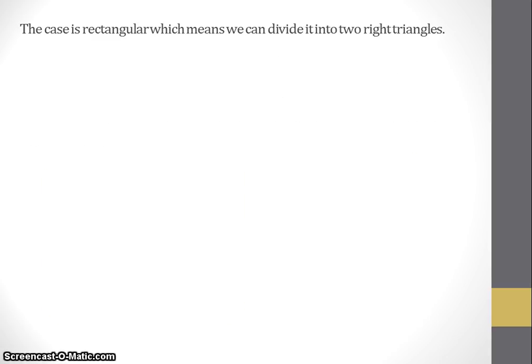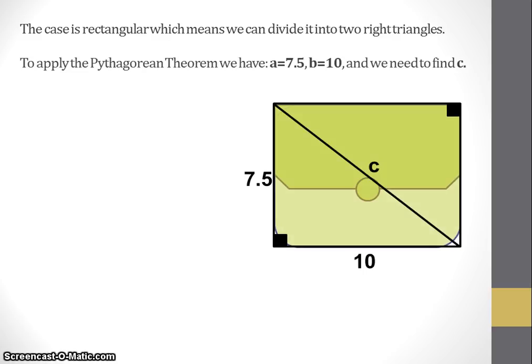The case is rectangular, which means we can divide it into two right triangles. To apply the Pythagorean theorem, we have a equals 7.5, b equals 10, and we need to find c. 7.5 squared plus 10 squared equals c squared. 56.25 plus 100 equals c squared. 156.25 equals c squared.